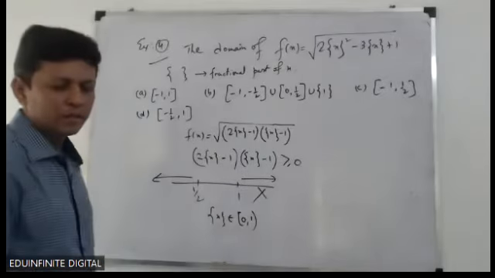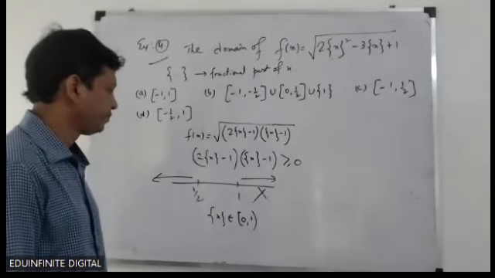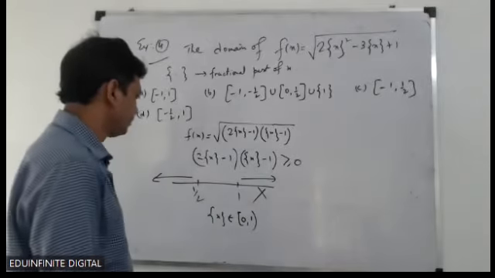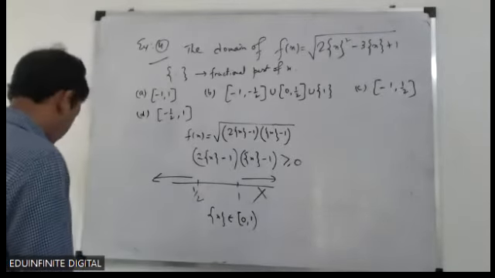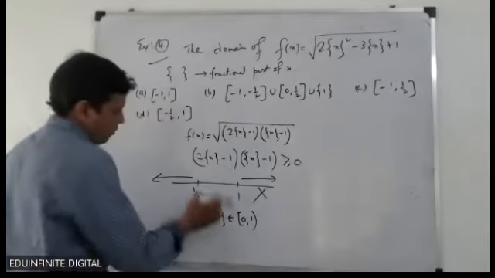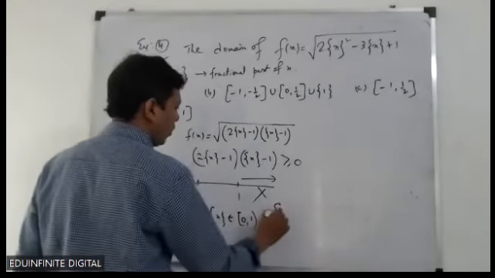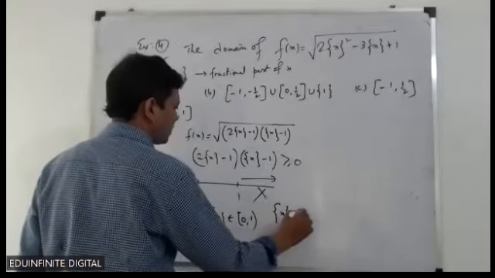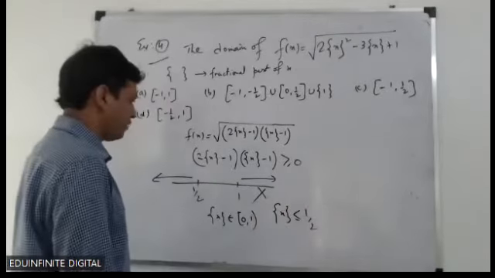So there is no region. So the only possibility is box x less than or equal to half, the fractional part of x less than or equal to half.